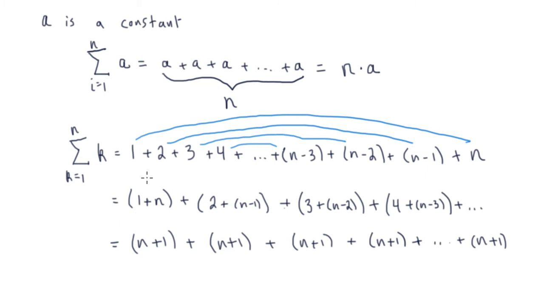I took half of the numbers and paired them with half of the other numbers. So what this should be is n over 2 times n plus 1, or n times n plus 1 over 2.